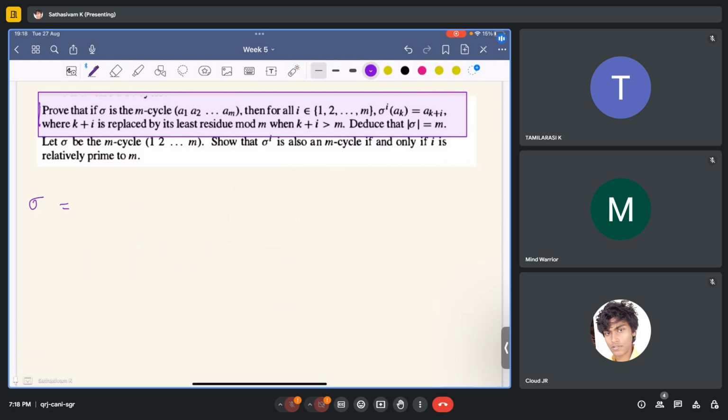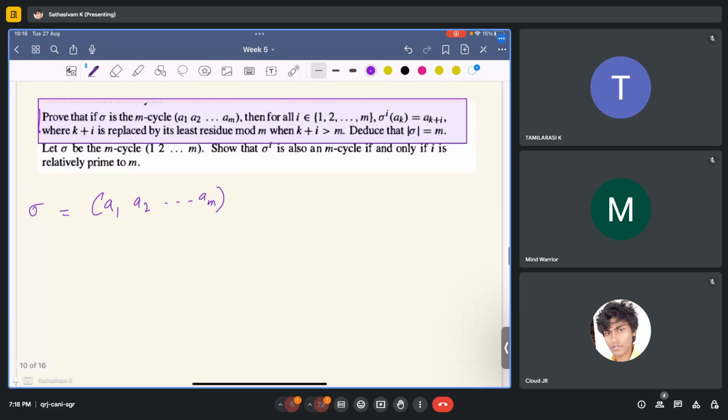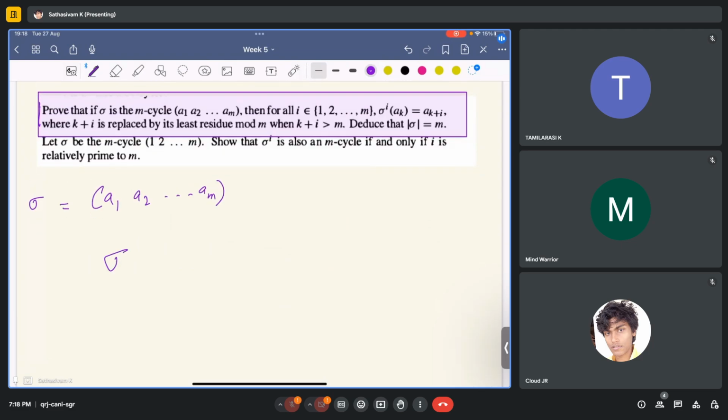So let's try to prove it. Suppose this is my sigma, and I apply sigma to ak. What happens if k is strictly less than m, so k is not the end term?